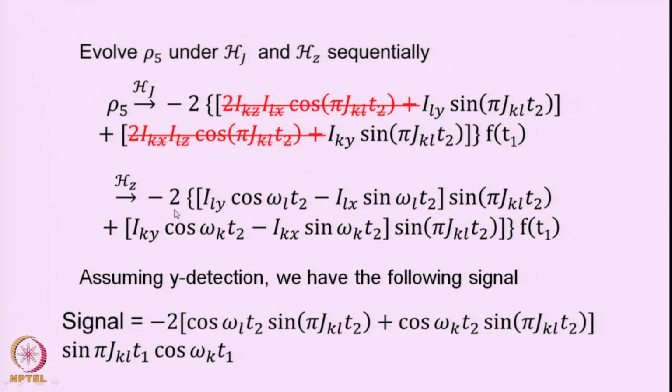This gives me minus 2, this first term gives me ILY cosine omega L T2 minus ILX sin omega L T2 multiplied by the sin pi J KL T2. The second term gives plus IKY cosine omega K T2 minus IKX sin omega K T2 multiplied by this sin pi J KL T2, and we have this F(T1) here, and this F(T1) multiplies the whole bracket.